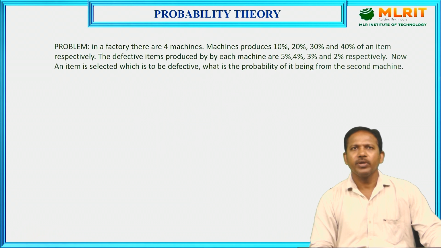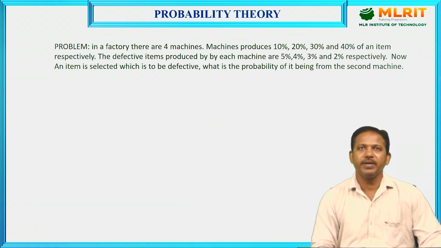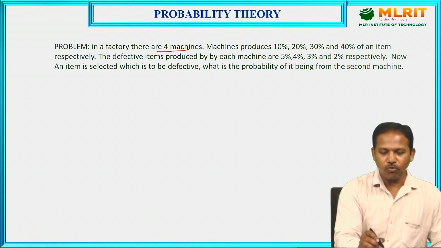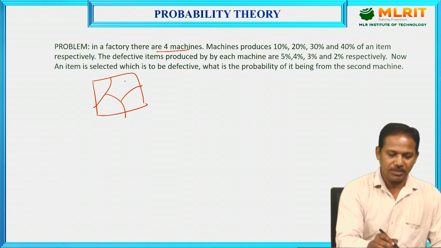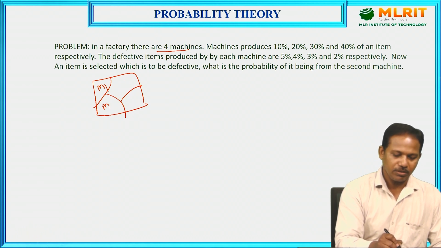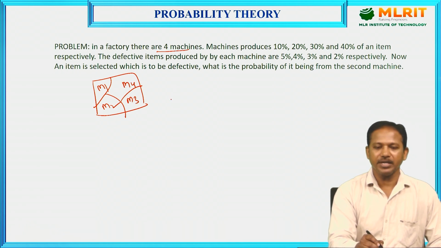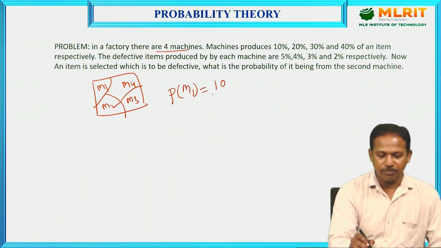Now we need to discuss one problem related to this total probability theorem and Bayes theorem. See here what he is asking. I have 4 machines: machine 1, machine 2, machine 3, machine 4. Machine 1 produces 10% of items, that is probability of machine 1 is 10 by 100.